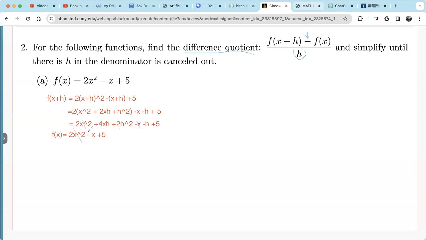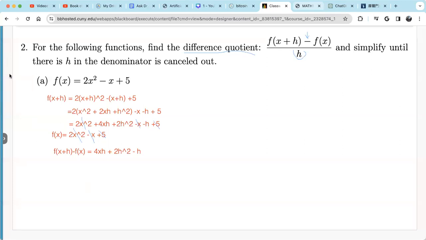Minus x minus negative x is gone. 5 minus 5 is gone. So what's left is f of x plus h minus f of x equals 4xh plus 2h squared minus h, right? So only those 3 terms left.